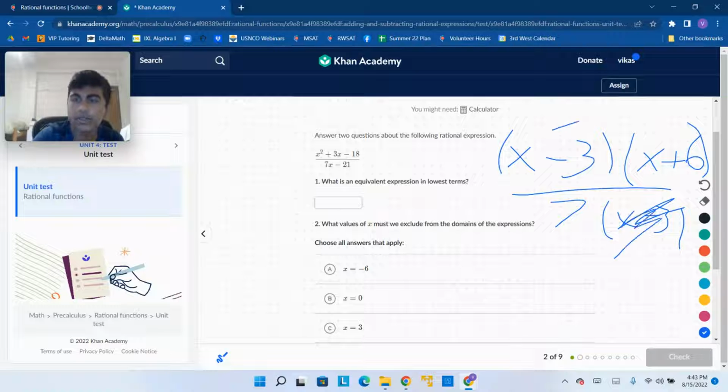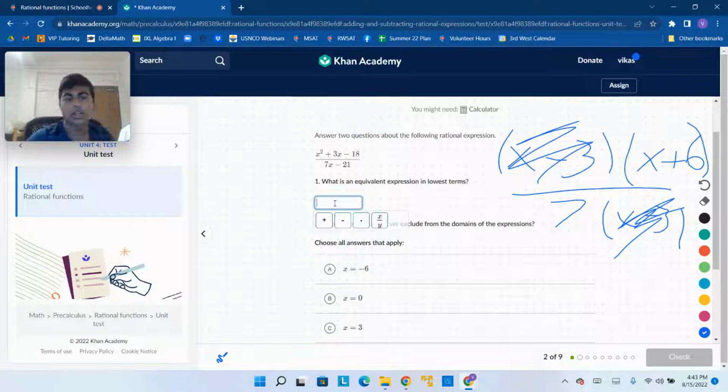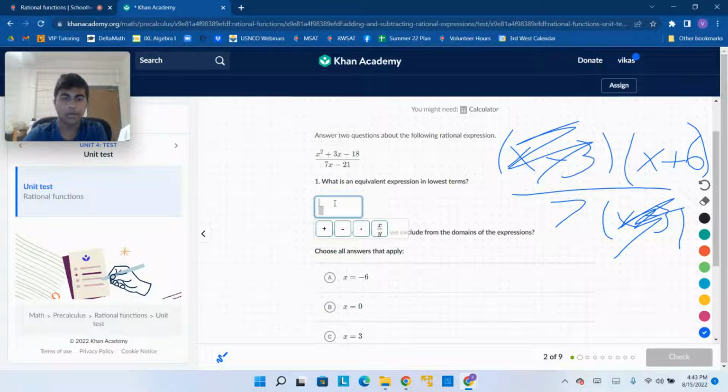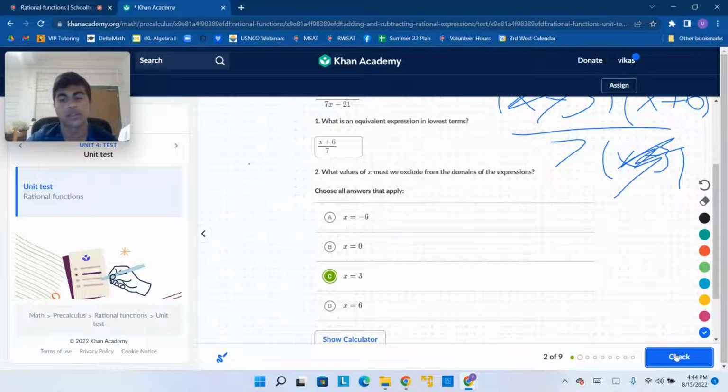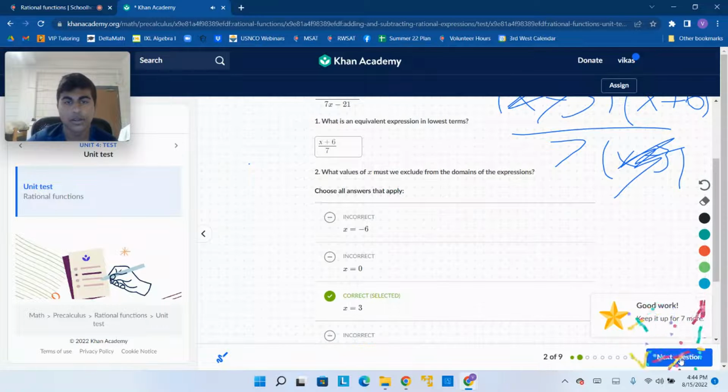The x minus 3 cancels out, and you're left with x plus 6 over 7. Which value of x must be excluded from the domain of the expression? Well, this 3x minus 3 is going to give us a denominator of 0, so 3 is our answer. And we can move on.